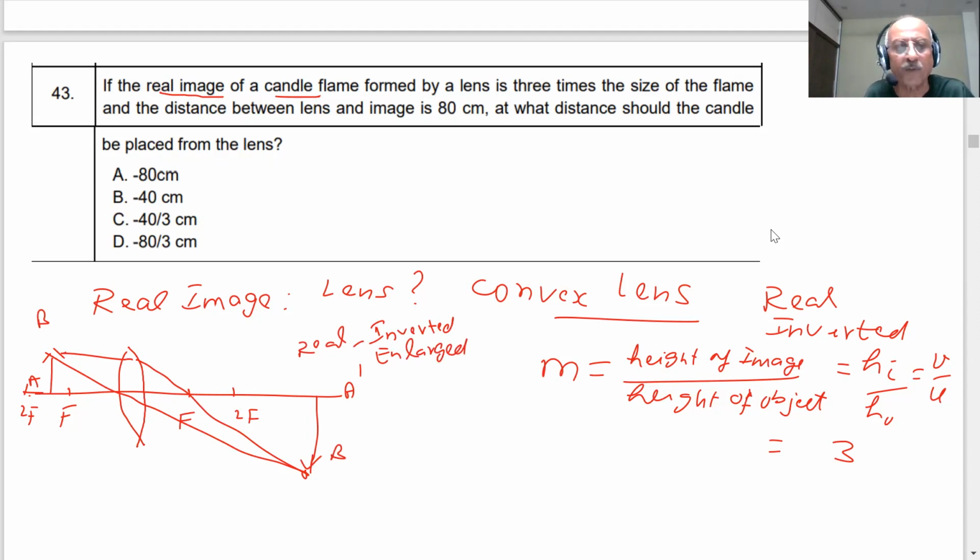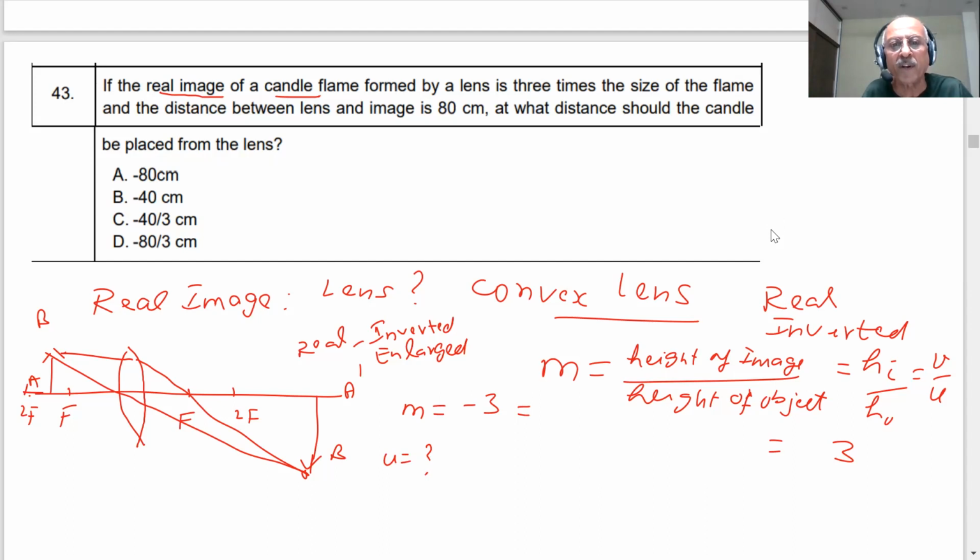Then what is happening, student? You are given the magnification. I am taking now -3, student, because here you can see the image is inverted. So m is equal to -3, which is also equal to V by U. What do you want to find out? At what distance should the candle be placed? You want to find out u when the image distance is 80 centimeter.